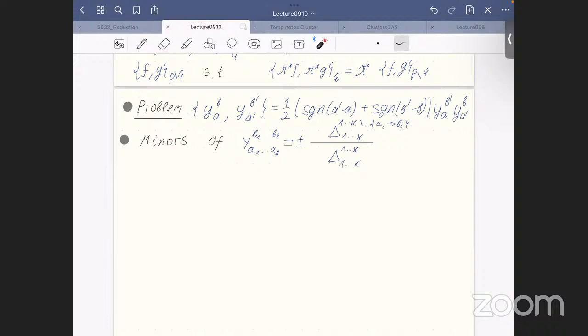If you look at, for example, y's which correspond to some row or some column, the corresponding bracket will be clustered, but in general not. But there is a certain subset of the y's and their minus such that the Poisson bracket between them is clustered. And not only is the subset not unique, there are many such subsets. As you can easily guess, they are related by mutations.